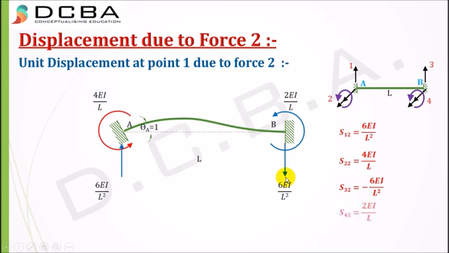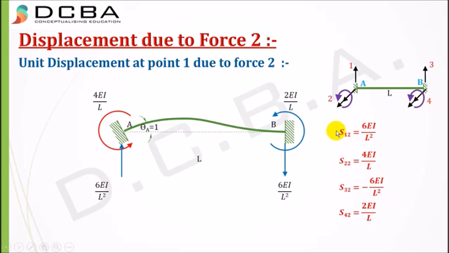And S42 is 2 EI by L. As you can see, the fourth force is a moment of anti-clockwise nature, and it is of magnitude 2 EI by L. Thus we have constructed the second column of our stiffness element matrix, that is 12, 22, 32 and 42.